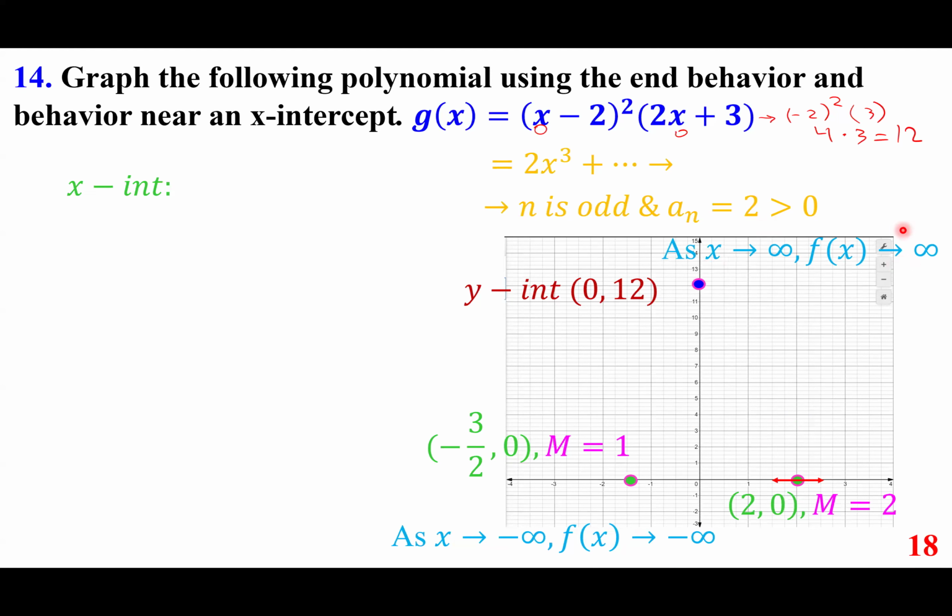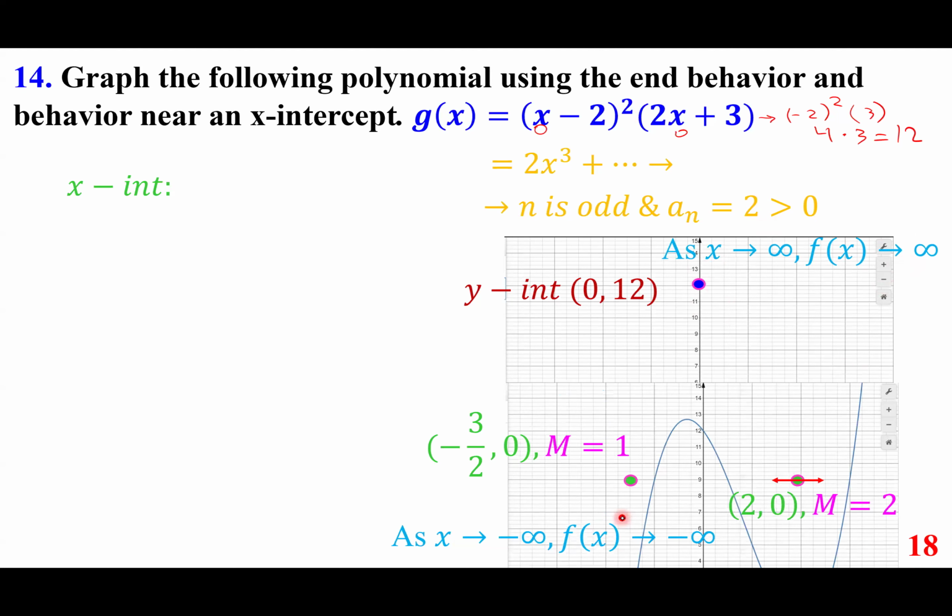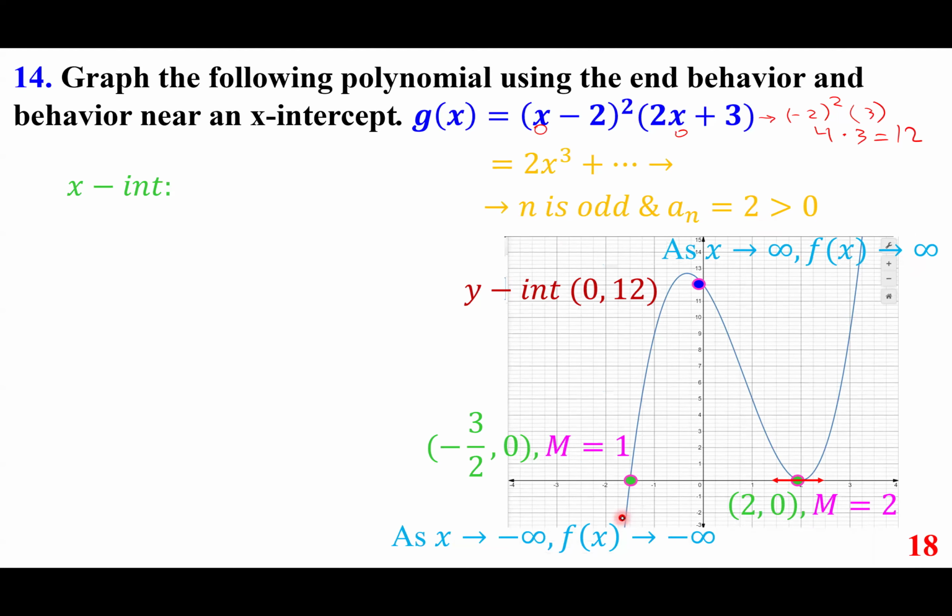And so the graph, starting from here, as we hit this point, we can't cross. Why not? The multiplicity is 2. So it has to bounce back up and goes through this point and that point. And there you have it. Now, where does the local max occur? This is the information we will find out in calculus. There is a way to find it, okay?